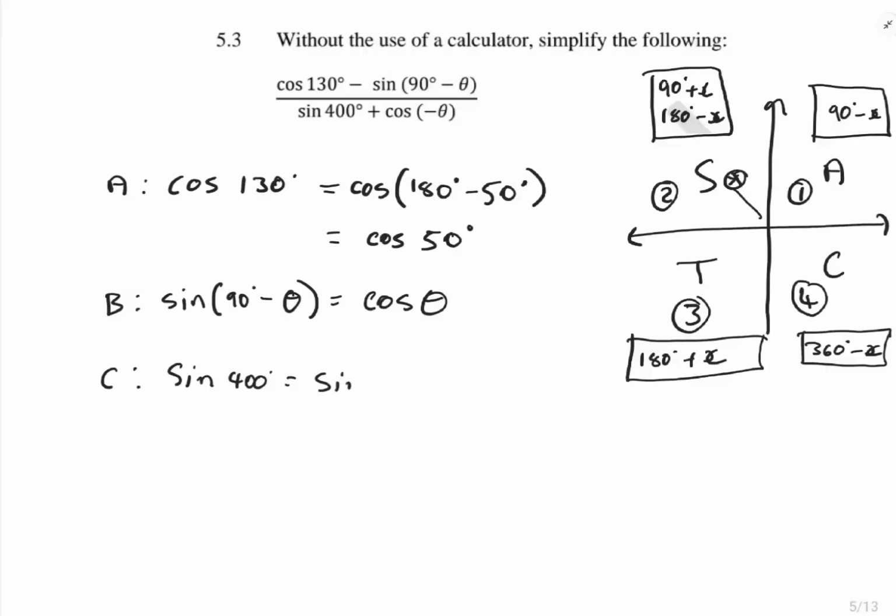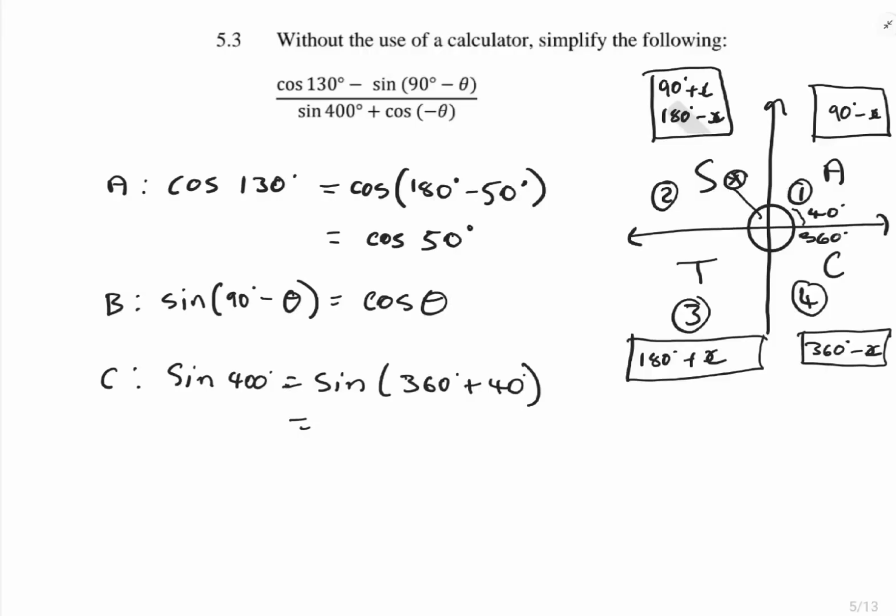How can we express 400 degrees? 400 degrees can be 360 degrees plus 40 degrees. If we go around and come back to this point, we've gone around 360 degrees, so on our side we added 40 degrees.